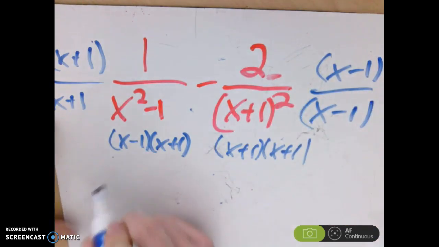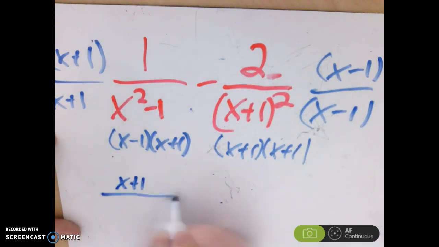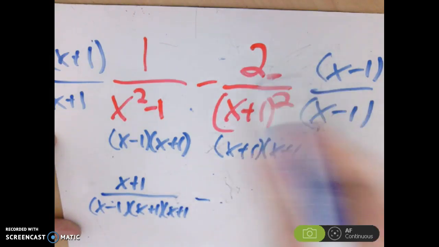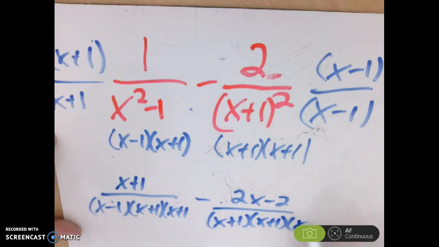So if I do out this multiplication, I'll get x plus 1 over x minus 1 times x plus 1 times x plus 1 minus, if I do out this multiplication, I'll get 2x minus 2 over x plus 1, x plus 1, x minus 1.